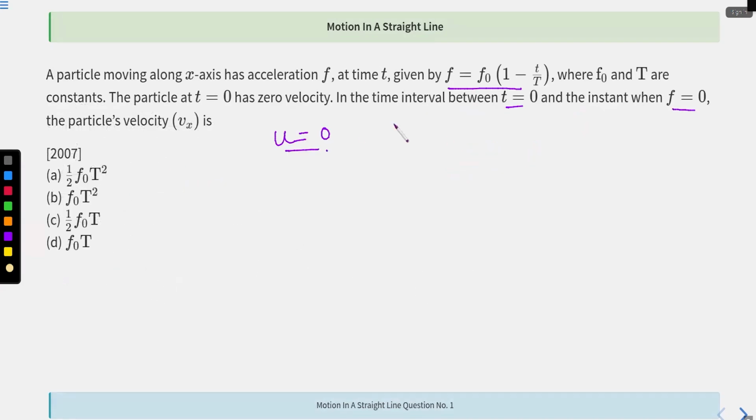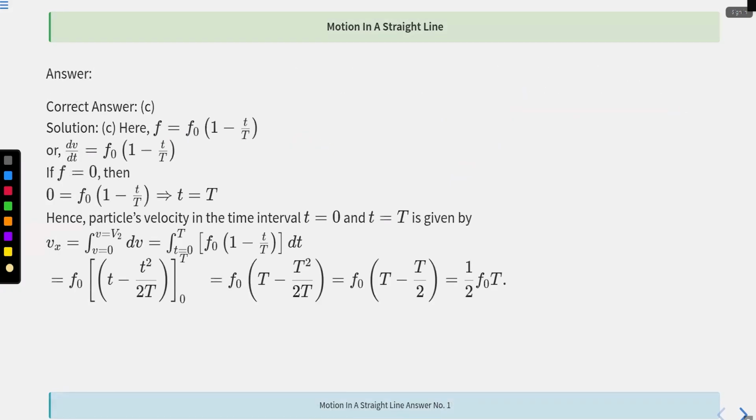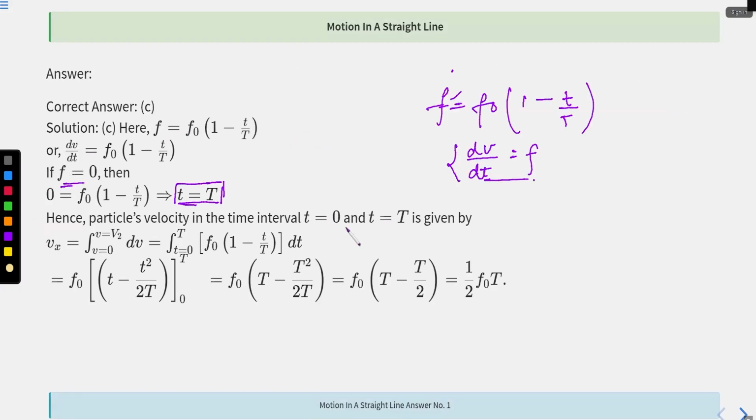Because they have told us that you have to find the velocity of the particle at that specific instant. So from small t equal to 0 to small t equal to capital T, the velocity vx will be equal to the integral from 0 to vx of dv, which is the integral from t equal to 0 to t equal to capital T.